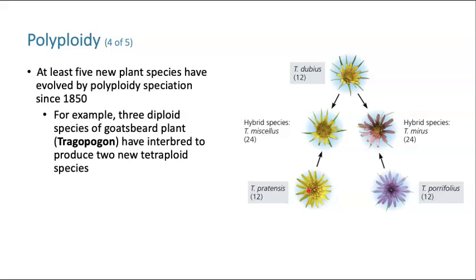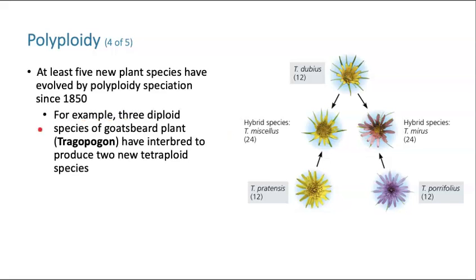And there they are right there in gray. So 12 chromosomes. And when this species, T. dubius, mated with T. perifolius, we came up with a 24 chromosome hybrid species called T.